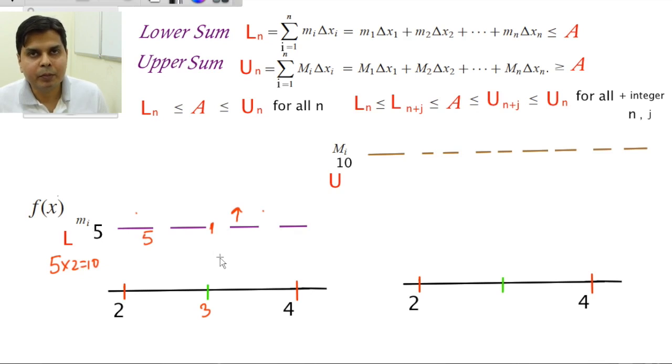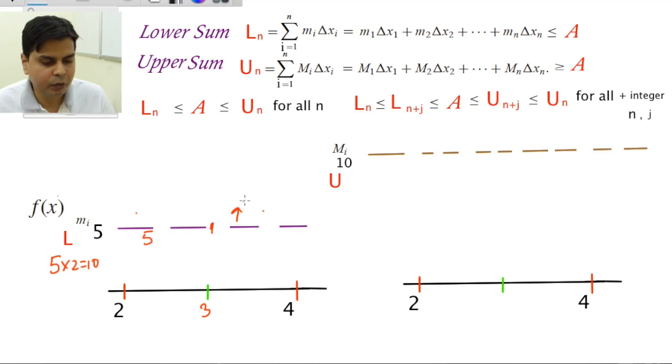Now when I am subdividing that interval into 2 parts or 4 parts, the new subinterval which I am creating will have a greater minimum value. Why? Because this 5 has already set a floor value. Nothing can go below this 5 in this subinterval. So 5 is telling that nobody can be less than me. If you want to have a minimum, you better be either equal to 5 or greater than 5.